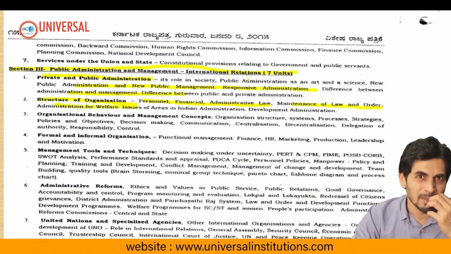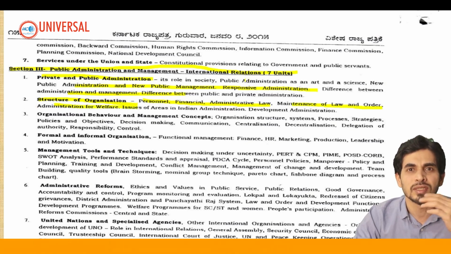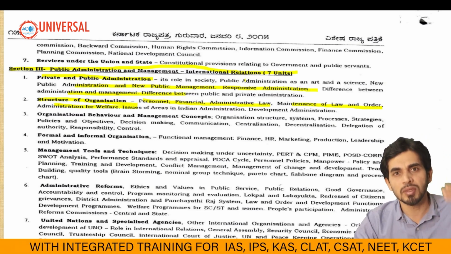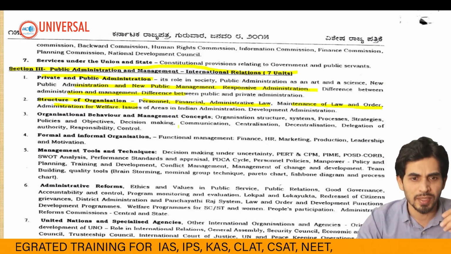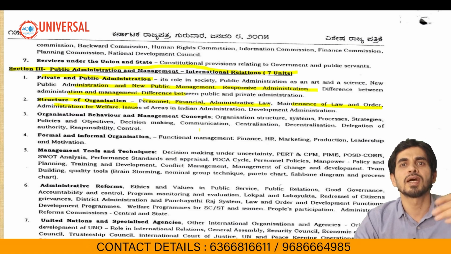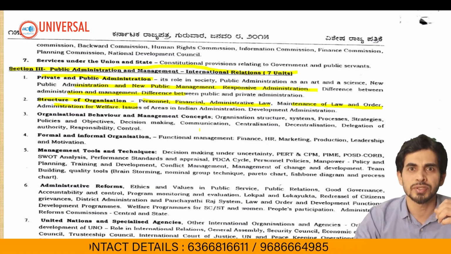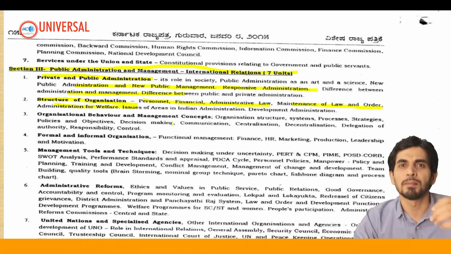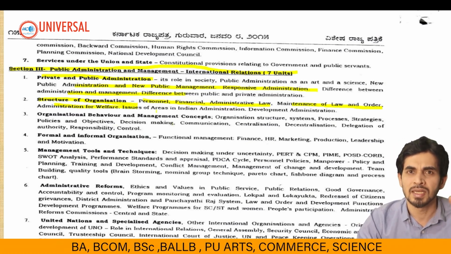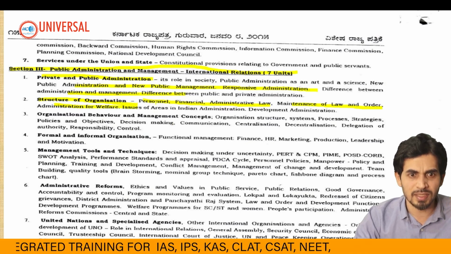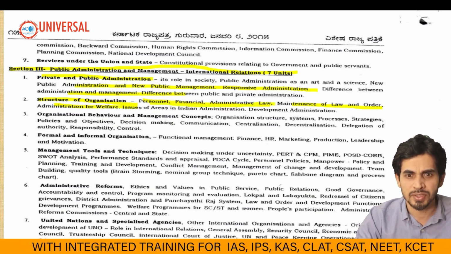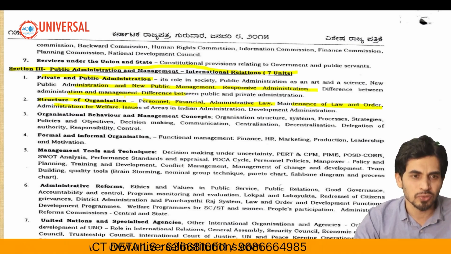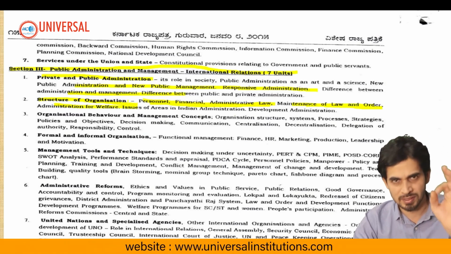This has no relation to structure. What is structure of the organization? One is formal structure, the other is informal structure. Right? In that formal structure, you will talk about various things with regard to management, with regard to administration and with regard to various processes involved in the management and administration. That is the structure of the organization. Here they have put personnel, finance and administrative law, maintenance of law and order. This has got nothing to do with structure of the organization. This is the issue here.